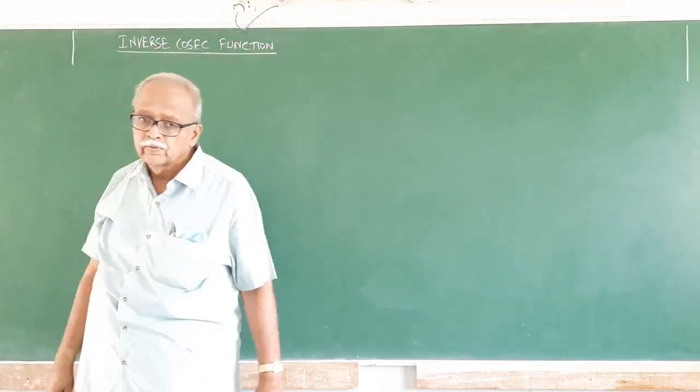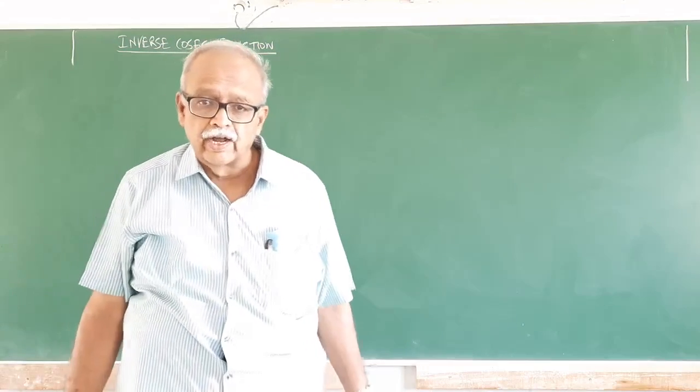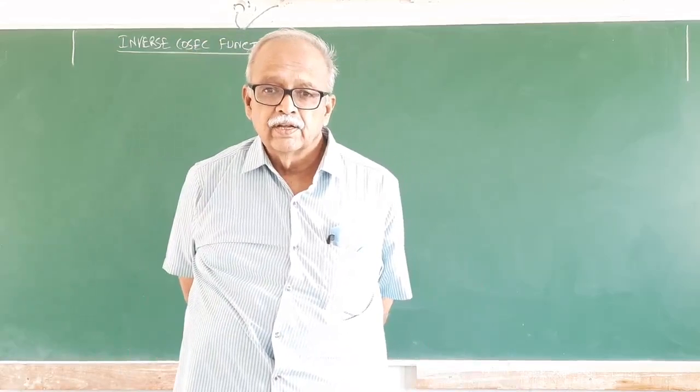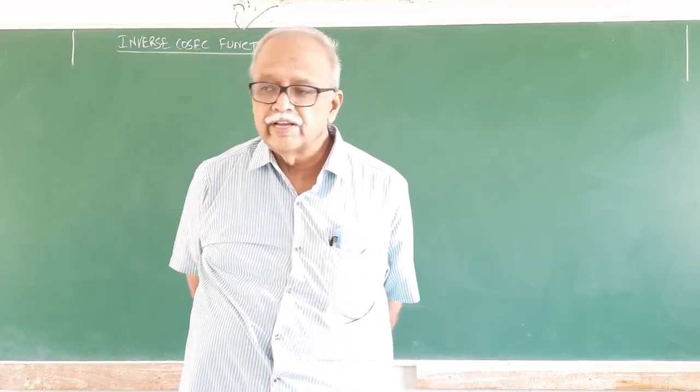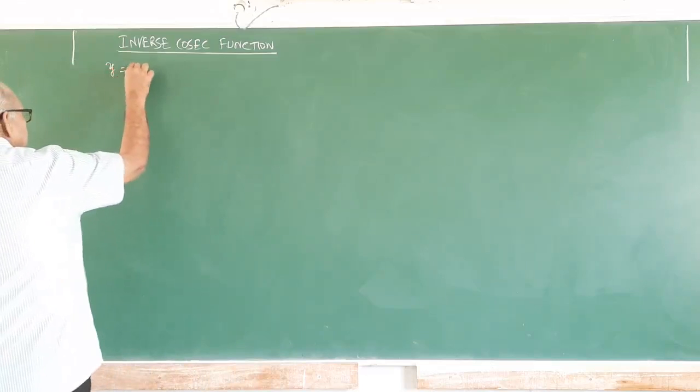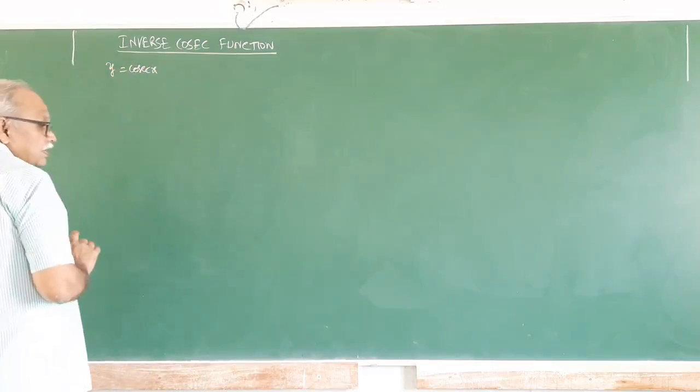The last we will take tan x and cot x. But we should first know the domain of cosecant x. First we have to draw the graph of cosecant x.